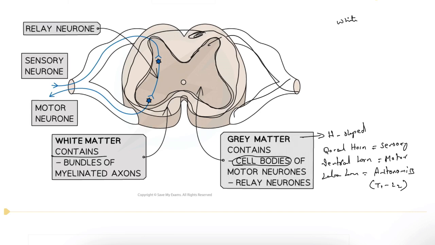In white matter we can see two types of tracts: the first one ascending tract and the second one descending tract.